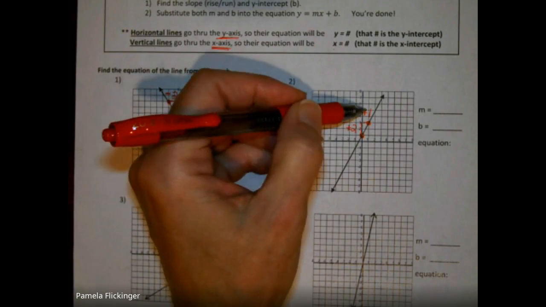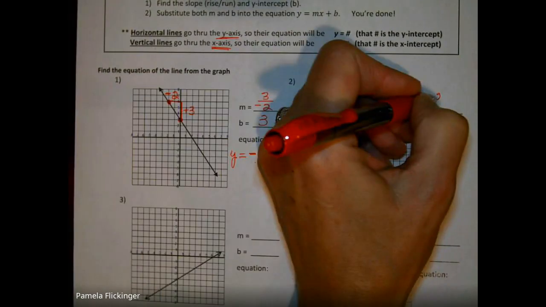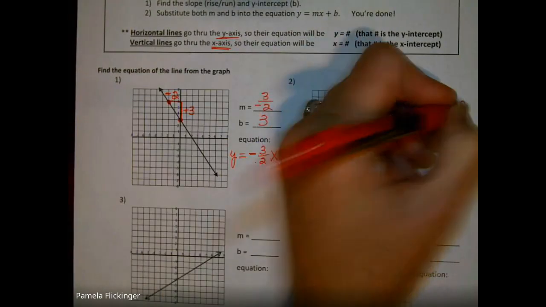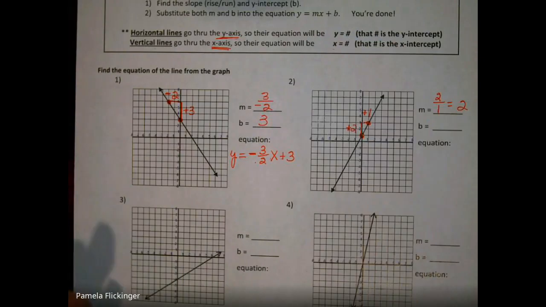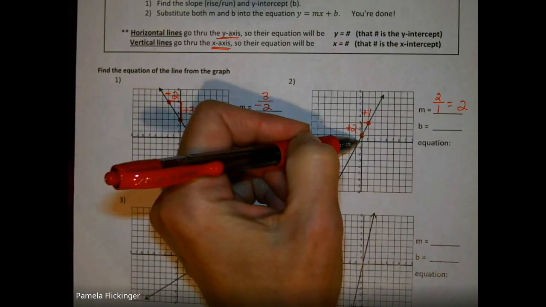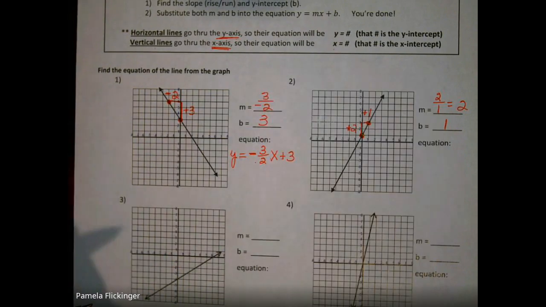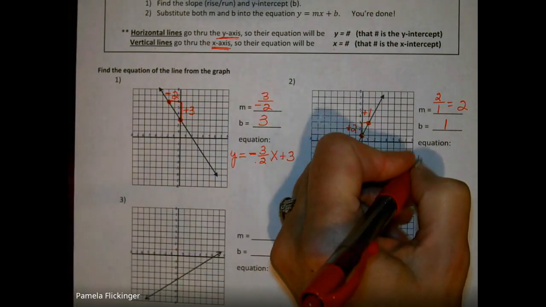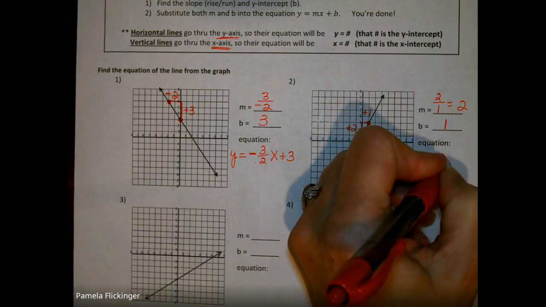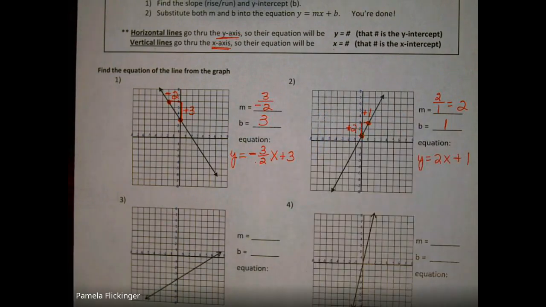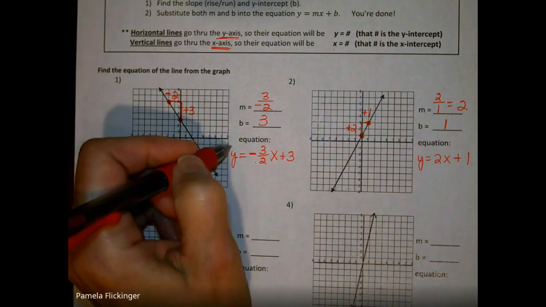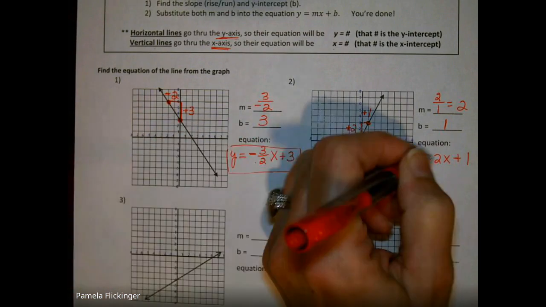Rise over run gives me 2 over 1, which is just going to be 2. The y-intercept is up here at positive 1. So the equation is simply y equals 2x plus 1. We're done. Box these in.